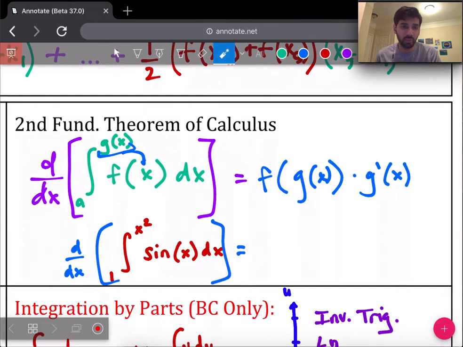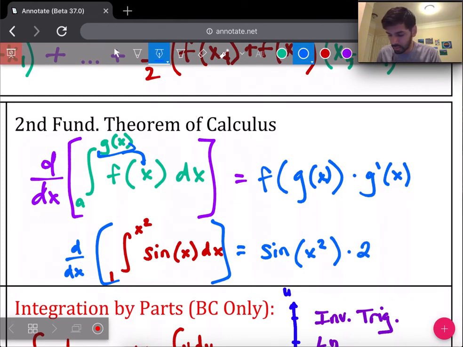The sign is preserved because I'm deriving an integral. My lower bound is a constant, so now this indicates to me this is the second fundamental theorem of calculus. I'm going to drop x squared into sine. So this would become sine of x squared dropped into there. And then I would multiply by the derivative of x squared. So I would multiply by 2x. And that's the derivative right there.